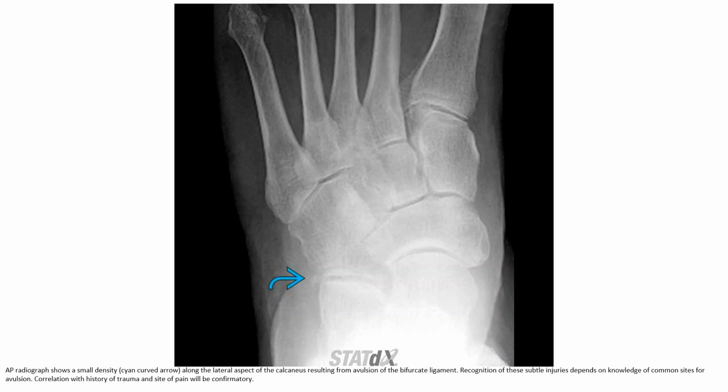Recognition of these subtle injuries depends on knowledge of common sites for avulsion. Correlation with history of trauma and site of pain will be confirmatory.